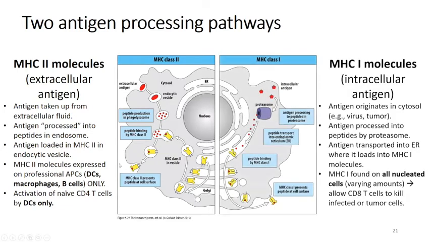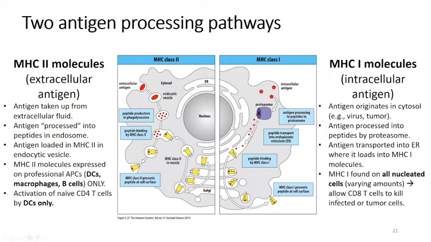Class 1 is slightly different. Class 1 molecules are found on all nucleated cells. Remember, class 1 is the family of CD8 cells. All nucleated cells have the capacity to be killed if they become infected.